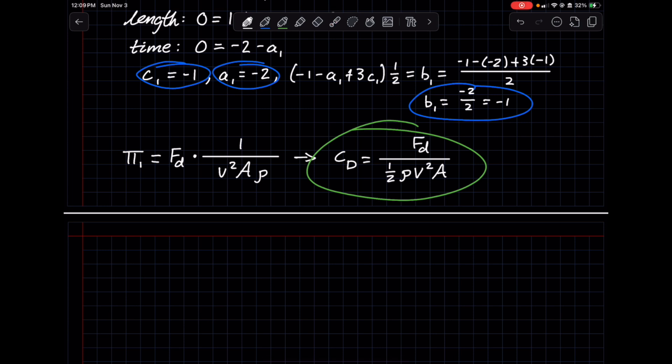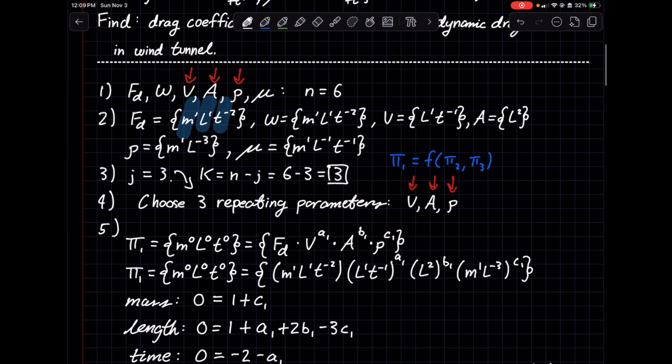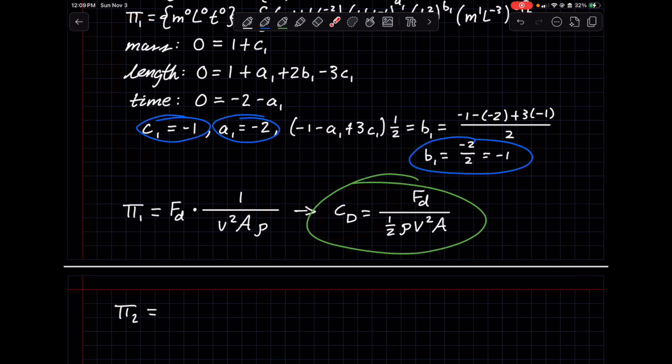So next is pi 2. For pi 2, we're going to follow this exact same procedure of solving our exponents, but I'm going to make this one very quick because, as we discussed previously, the drag force and our weight are fundamentally the exact same. If we plugged in our weight right here, then we would get the exact same dimensions, which means we would go through all of this exact same solving to get our coefficient of drag.